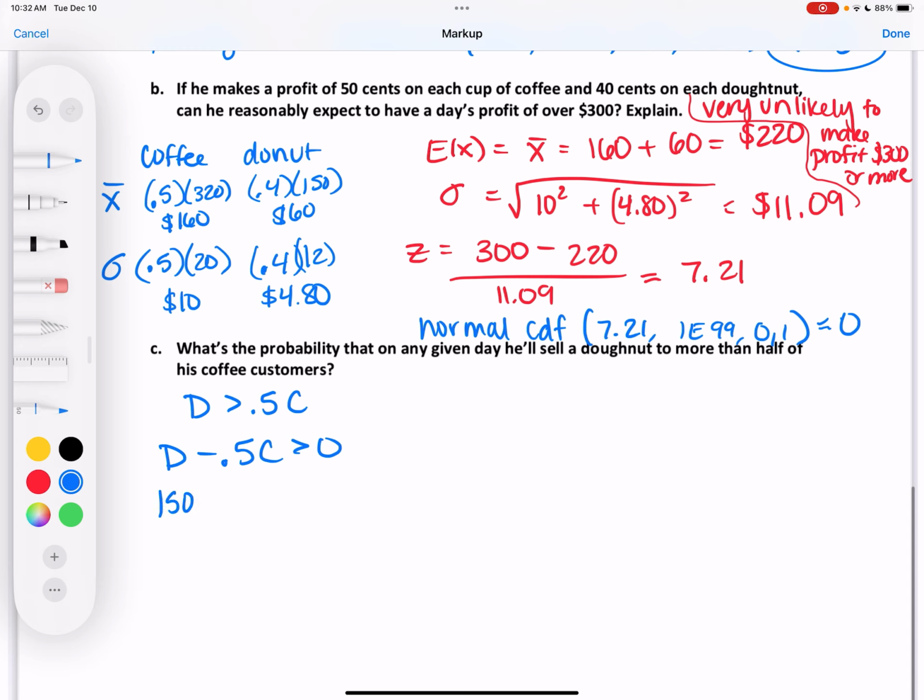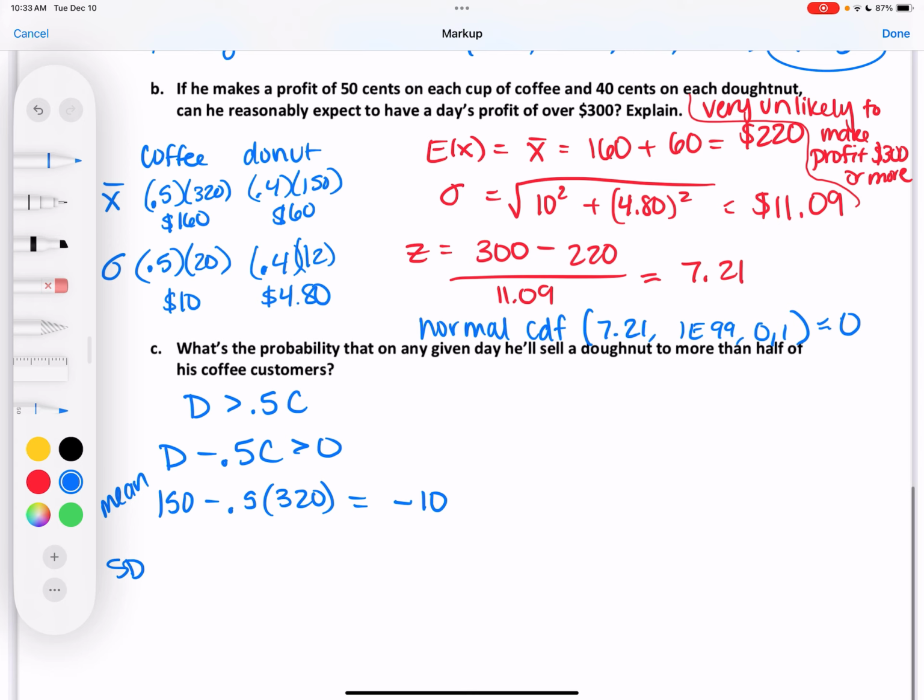So we'll get 150 minus 0.5 times coffee, which is 320, which would give us -10. Now the standard deviation of these things; so this was the mean.